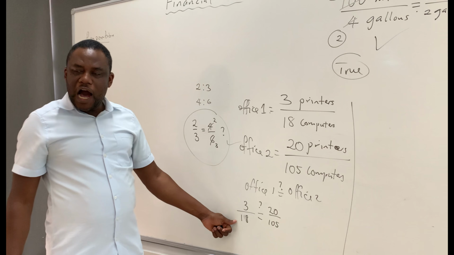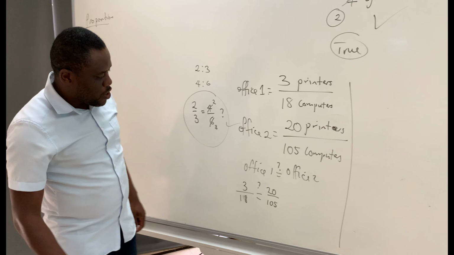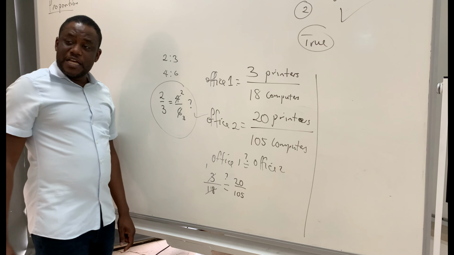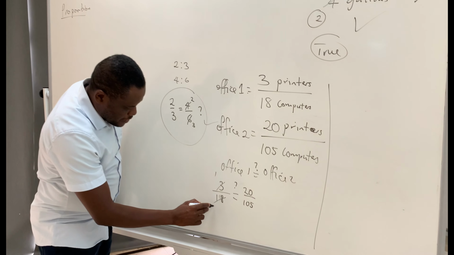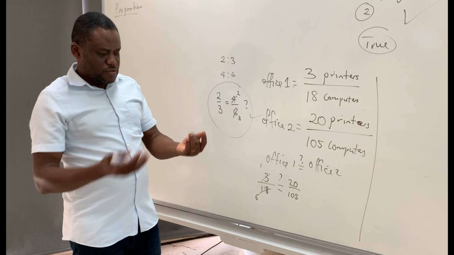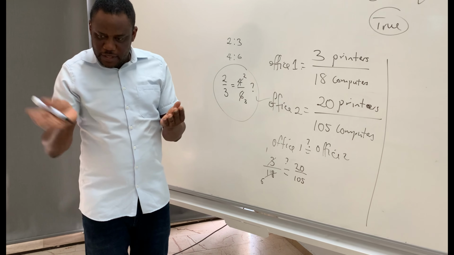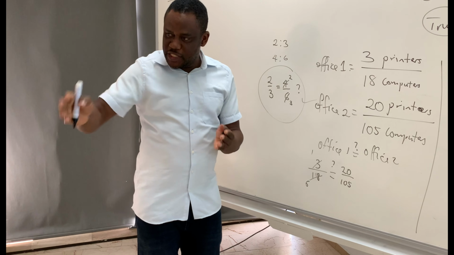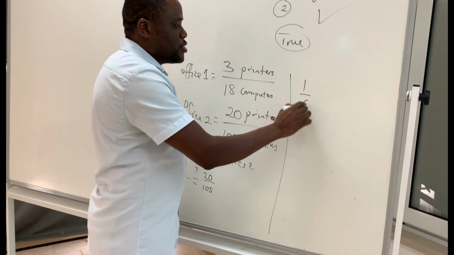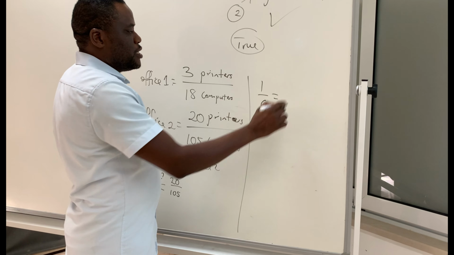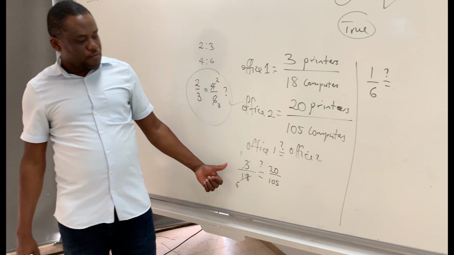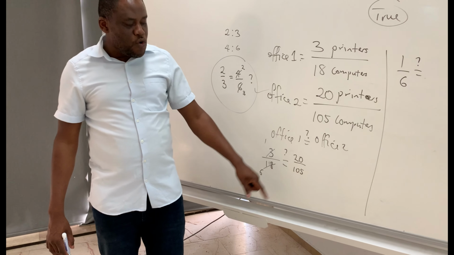Good. So, quickly, 3 out of 18. So we can cut it, right? 3 goes into 3, 1. 3 goes into 18 how many times? 6 times, right? You know what to do. Count 18 and partition it into 3. So the first one gives us 1:6. This is office 1. For office 2, we have 20 and 105.